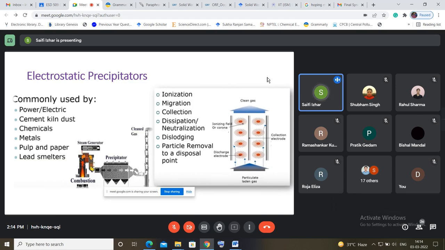So in this, what happens usually? We have a kind of chamber where we have one discharge electrode and one collection electrode, or you can say one cathode and one anode. So basically, these particles you are seeing are the particulate-laden gas, which comprises solid particles that we want to remove.